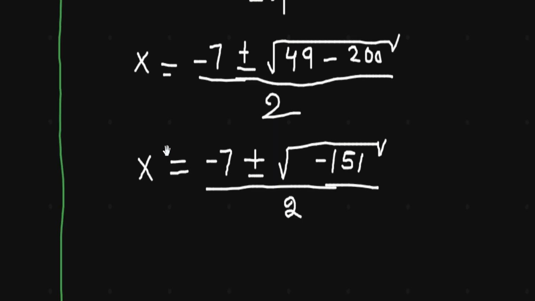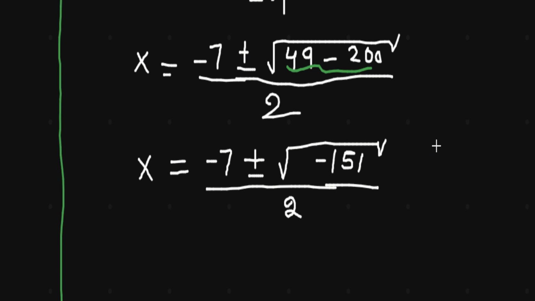Here 49 minus 200 is minus 151. Therefore x equals minus 7 plus or minus root of minus 151 by 2.